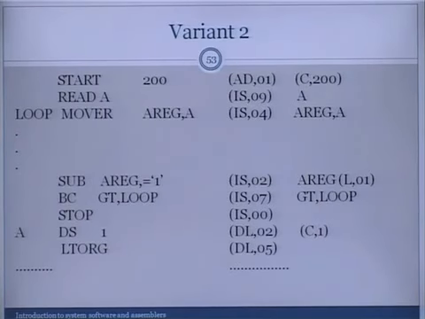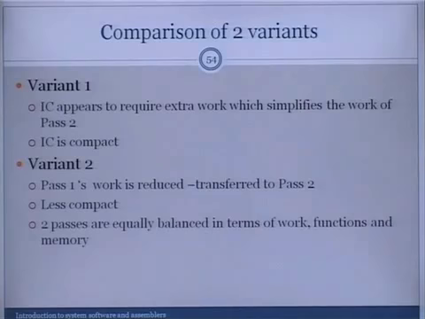So what is the difference between variant 1 and variant 2? If you look at the intermediate code of variant 1, we see that pass 1 does most of the processing. All that is required of pass 2 is simply to take the intermediate code that is present there and get the associated addresses.